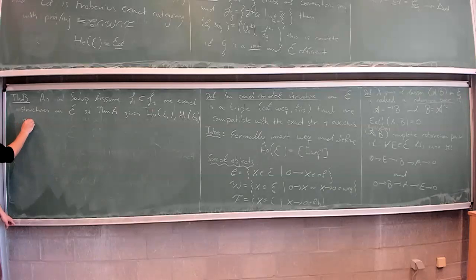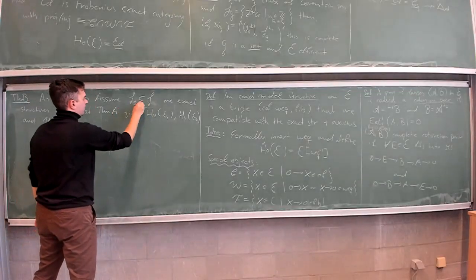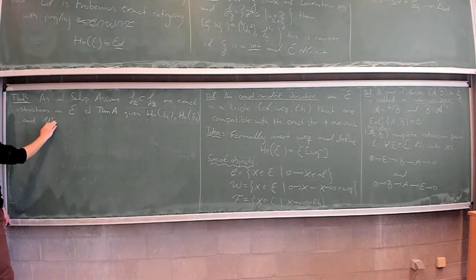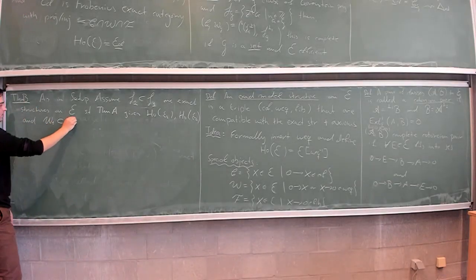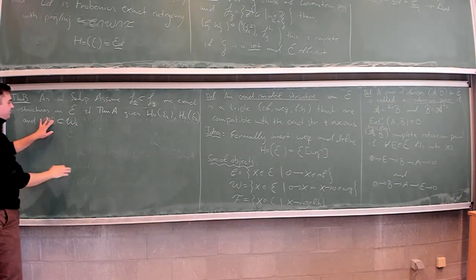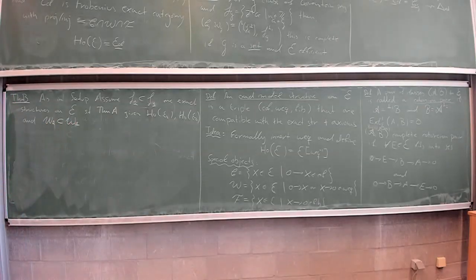And assume also that, I think I messed up my indexes. Assume also that the weak equivalences in one are contained in the weak equivalences of the other, that the trivial objects of the second one are contained in the trivial objects of the first one.